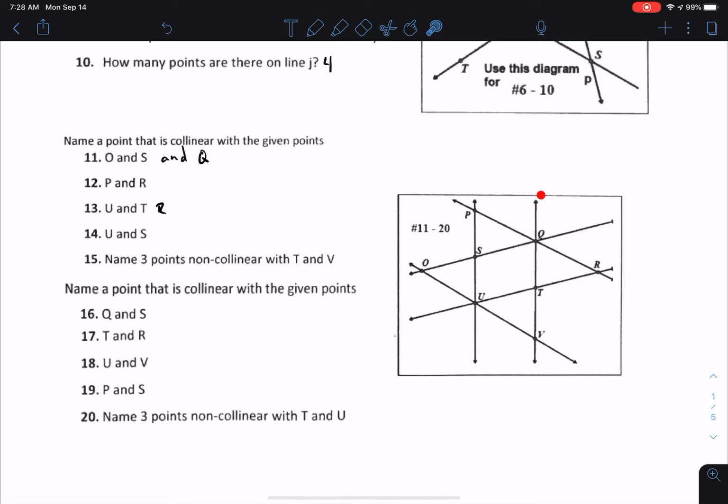If it was collinear, you would say Q. But we're asking for non-collinear with T and V, so anything that is not on this line would be non-collinear. It only says name 3, but we're going to put all of them. We've got O, S, P, U, and R.